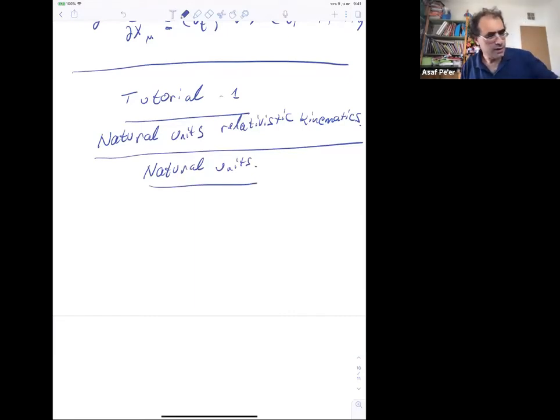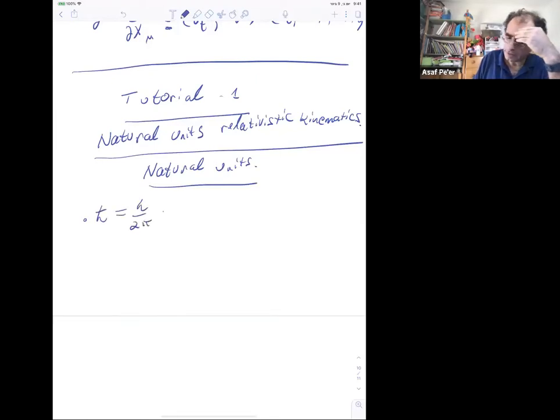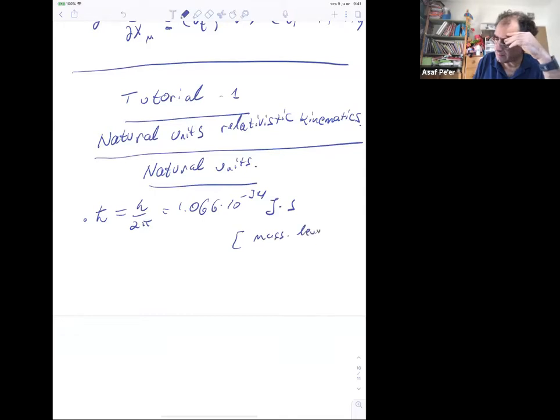I said that in high energy physics we use two fundamental constants, right? H bar is h over 2 pi, 1.05 times 10 to the minus 34 joule times second. So really it has units of mass times length squared divided by time.